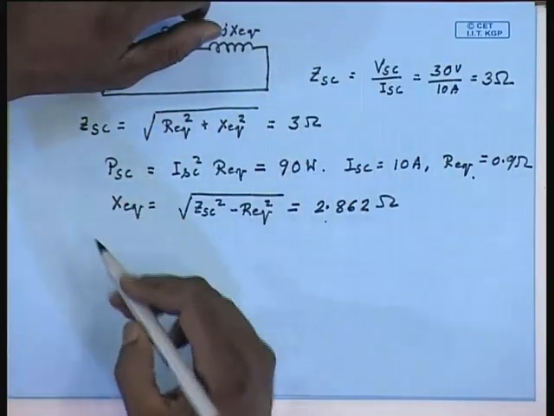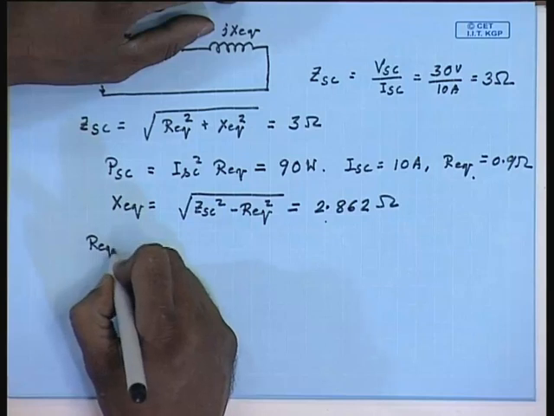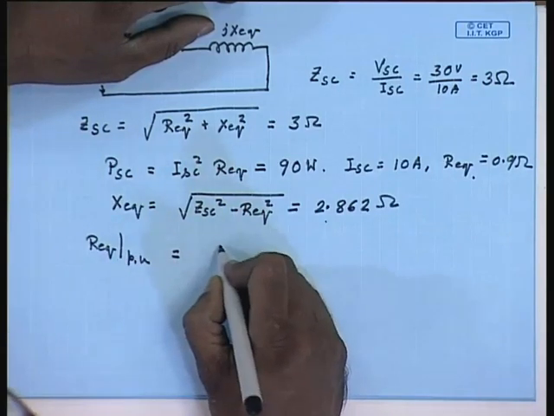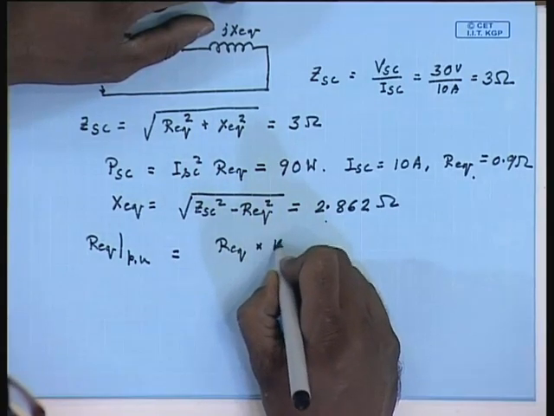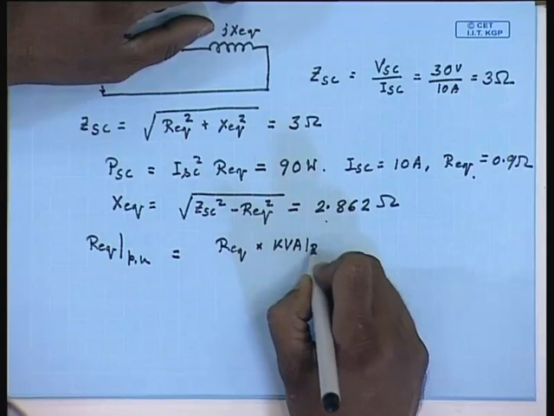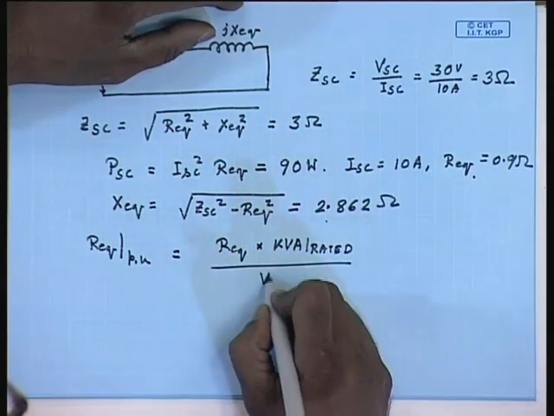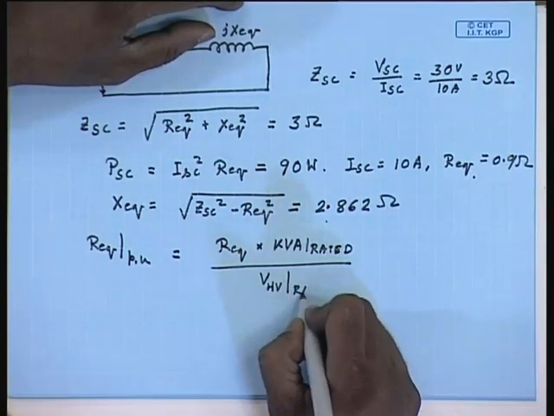Again, this can also be converted to per unit. So, Req per unit will be equal to Req into rated kVA of the transformer divided by now HV side rated voltage square.